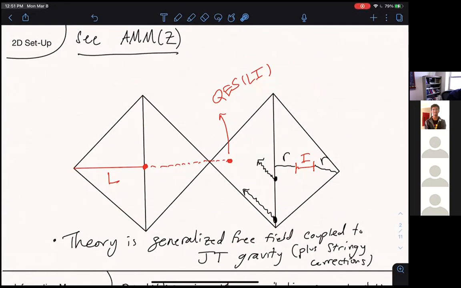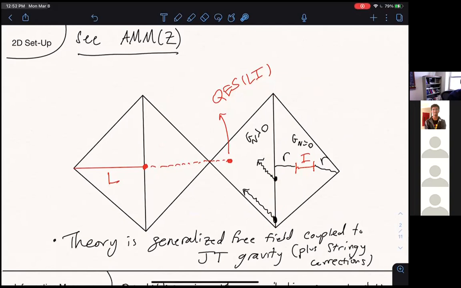G Newton is not 0 here, it's greater than 0, though still small, but out in this region G Newton is 0. So there's sort of a domain wall that sits right here and lets excitations from this non-gravitational region enter into this gravitational region.